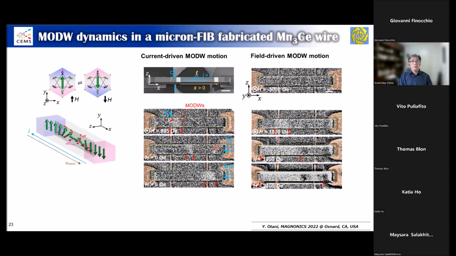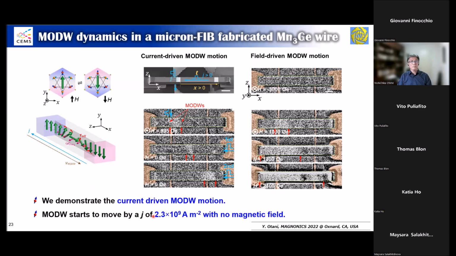Then the horizontal current is applied, and this one moves towards the right-hand side. Another second pulse also pushes this domain towards the right-hand side. As you can imagine, in the case of magnetic field, the two domain walls split apart, increasing the volume of the reversed region. So that's what we found. That's the critical distinctive difference between current-driven and field-driven magnetic octupole domain motion.